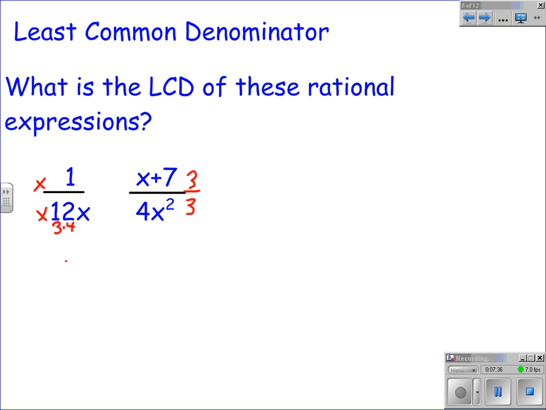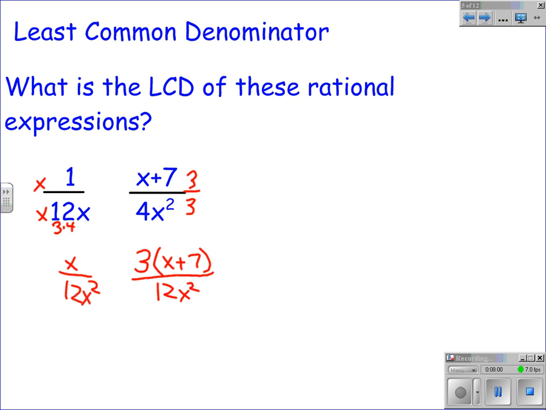So in this case, we're going to end up with x over 12x squared. And on the other one, we're going to end up with 3 times x plus 7 over 12x squared. So far, I'm not adding or subtracting them together. I'm just getting common denominators and equivalent fractions. That's all I've done so far.